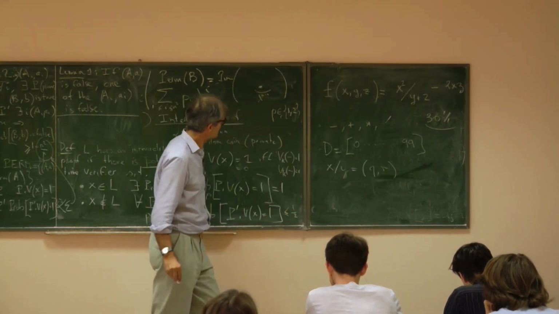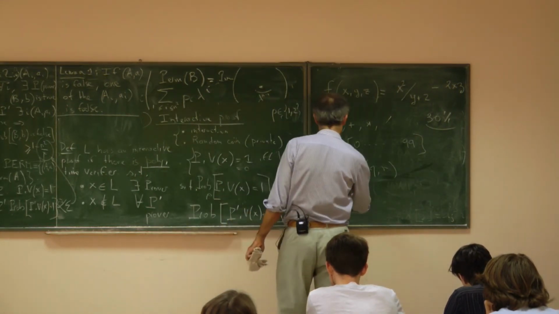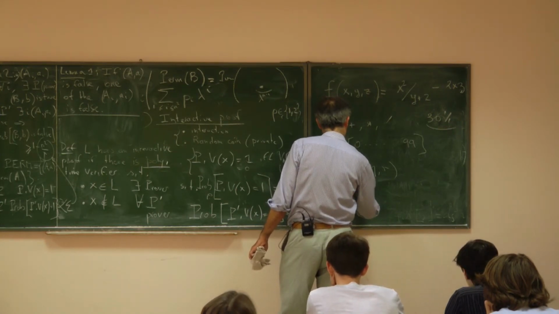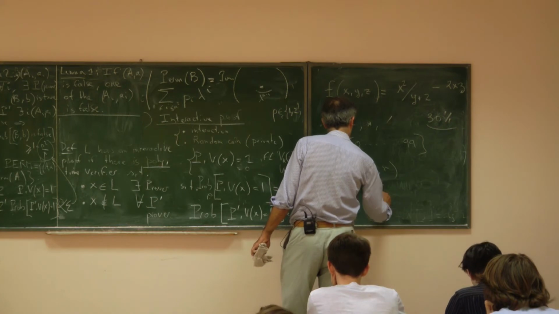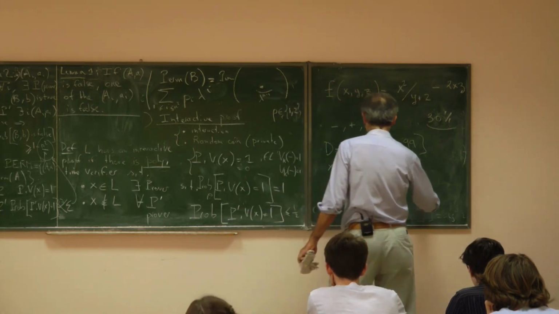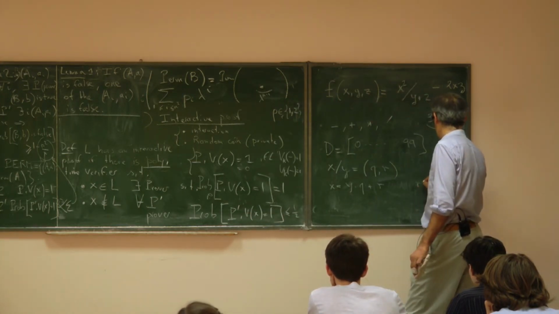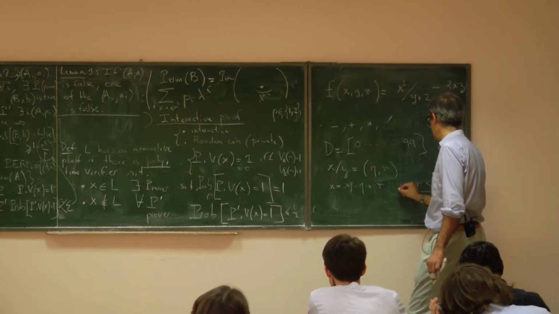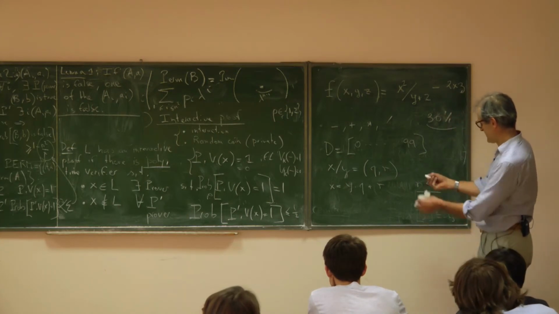And the equation is x equals y times q plus r, and r is smaller than y. This is the definition of the division.